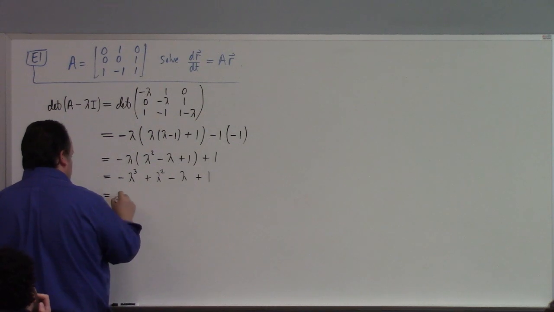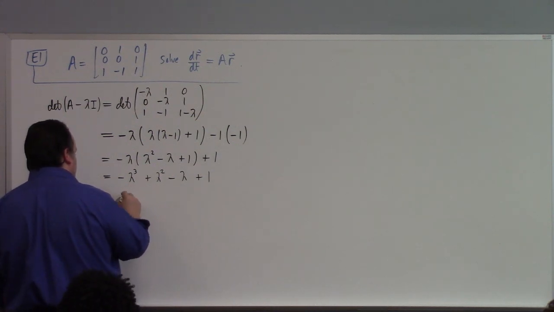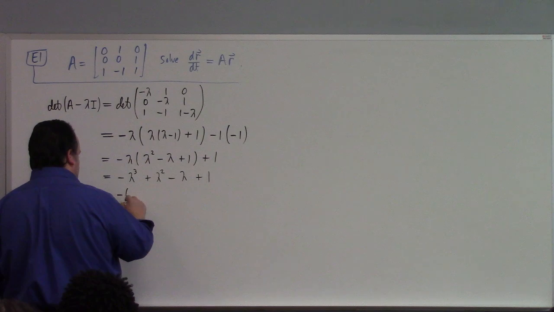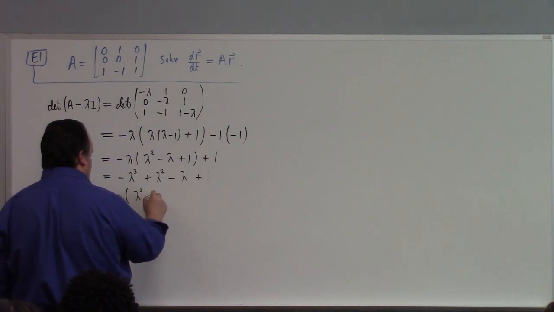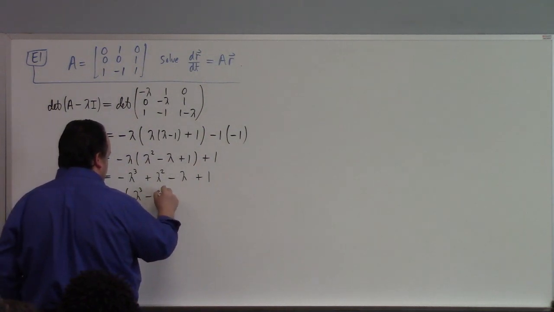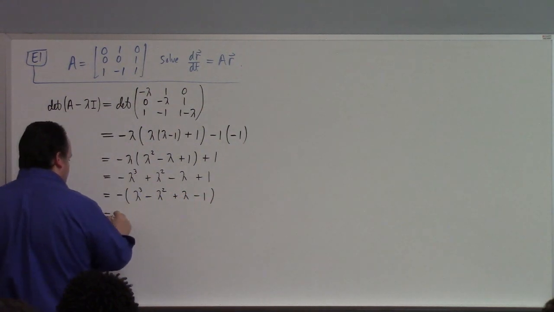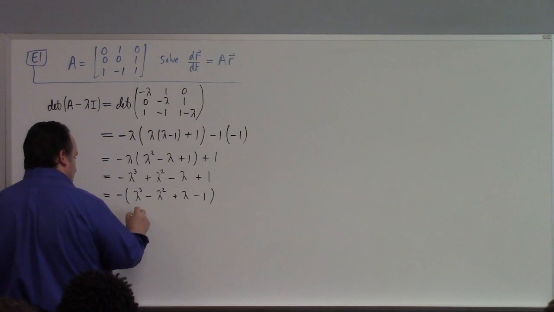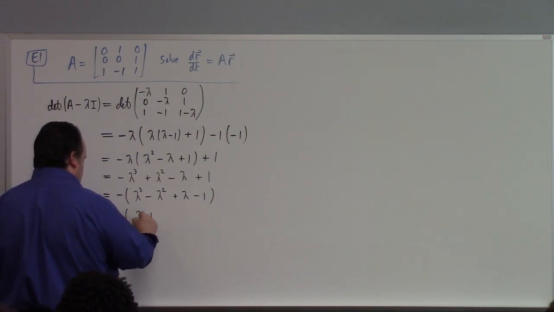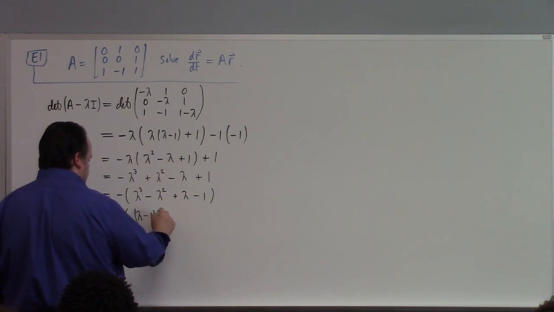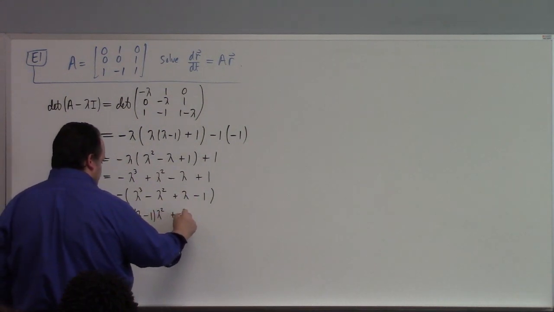Which, if you look at that, we can factor out a minus 1. I'm going to factor out a minus to start with, because I do better without having minuses leading, all right? And if you look at this, we can factor out a lambda minus 1 times lambda squared there, and then this is, of course, lambda minus 1, right?